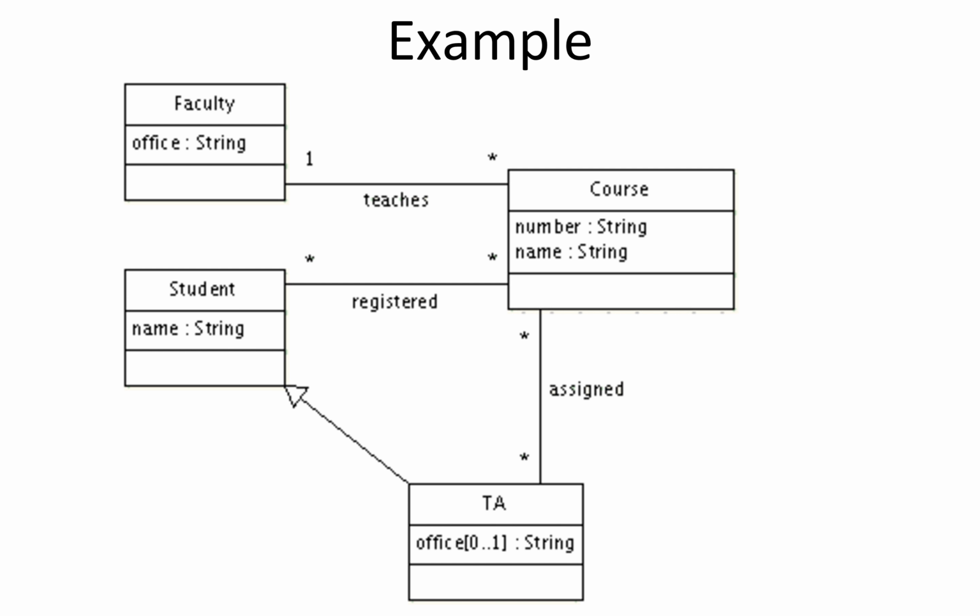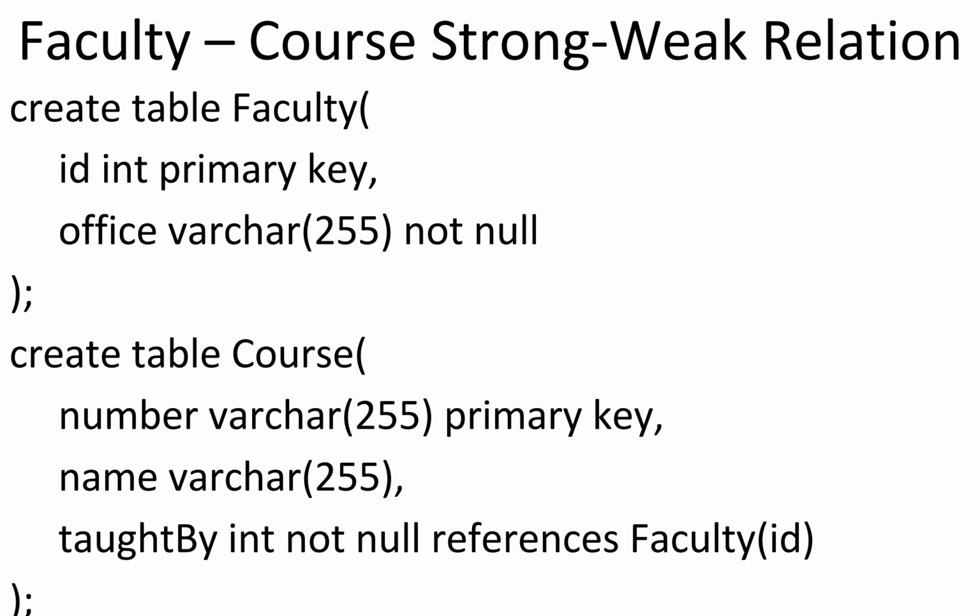And it makes no sense that one would exist without the other. It makes no sense that I would have a record for a TA but not have an equivalent record for a student. So if, for instance, I remove the student that is represented by that TA, the deletion of that student record should cascade down to the record for the TA. It makes no sense to have a record for the TA but not an equivalent record for the student.